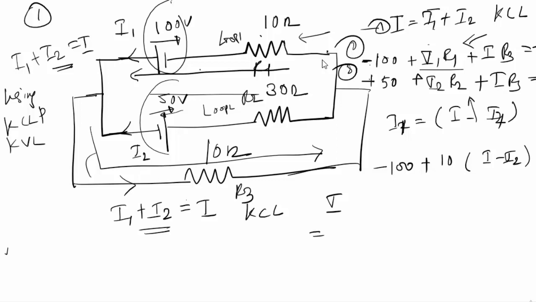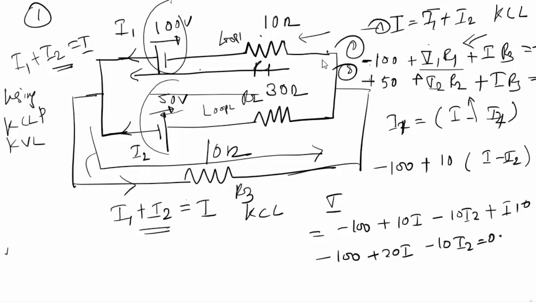So that is equal to minus 100 plus 10I minus 10I2 plus 10I equal to 0. So that is minus 100 plus 20I minus 10I2 equal to 0. So this is the one equation which I have got.